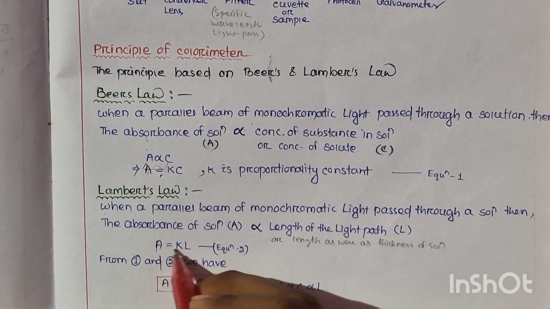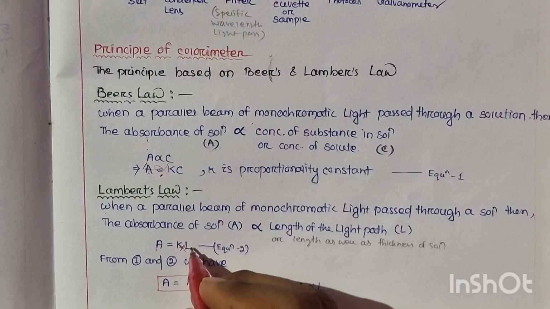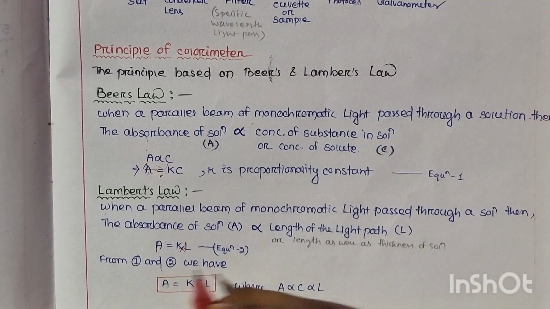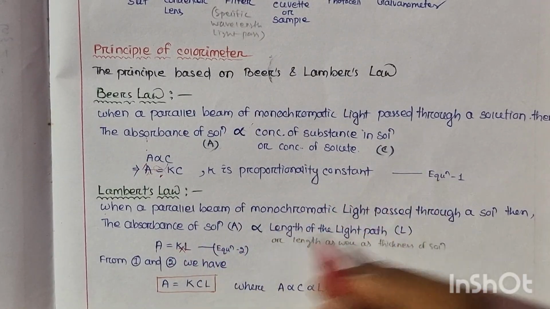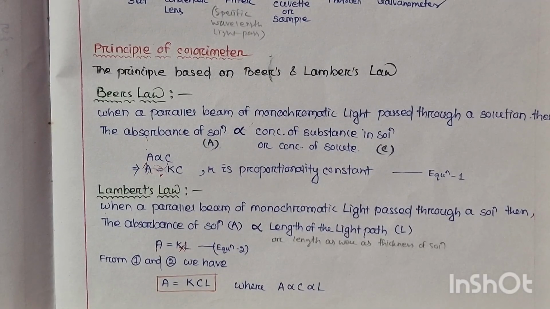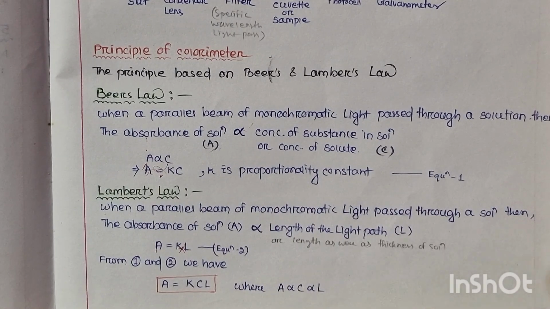Here A is equal to KL, where K is the proportionality constant and L is the length of the light path. If we combine equation 1 and equation 2, we get A is equal to KCL.